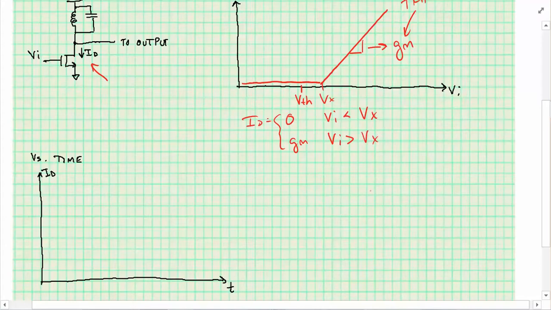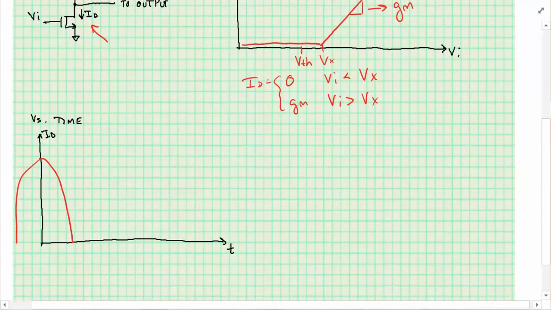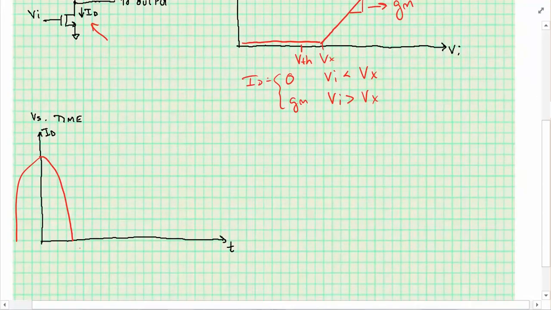If we look at the current waveform with respect to time, we would see it would look something like so, up to some omega t equal to half the conduction angle.